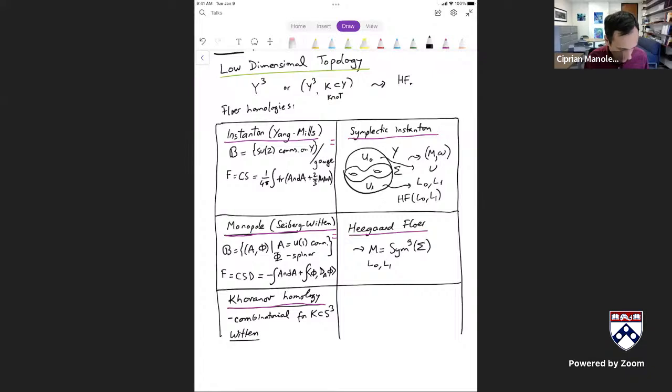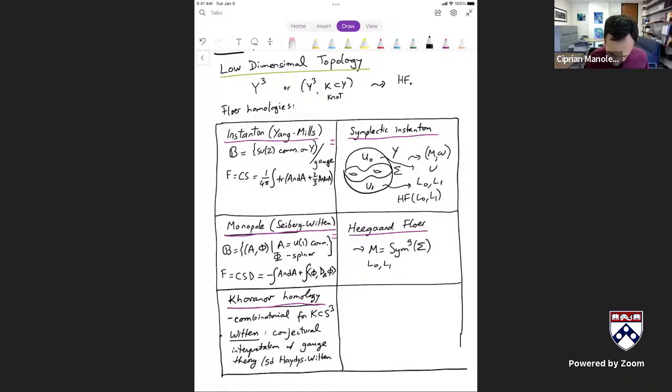So Witten conjectured that there's a conjectural interpretation with gauge theory based on the 5-dimensional Haydys-Witten equations. So at least conjecturally, it's a Floer theory as well.